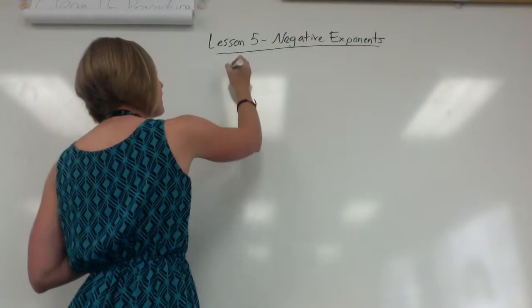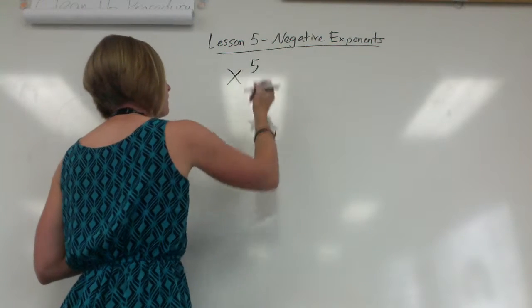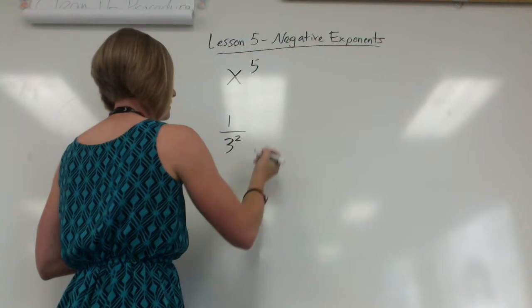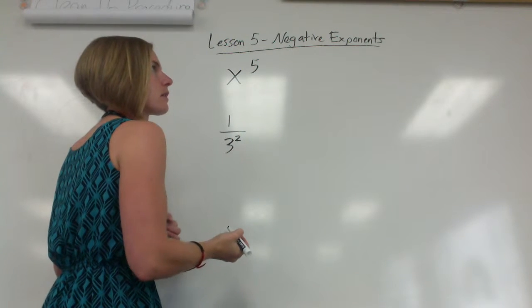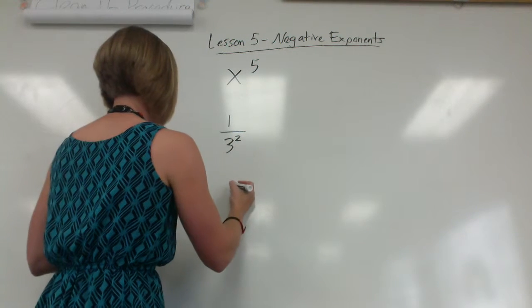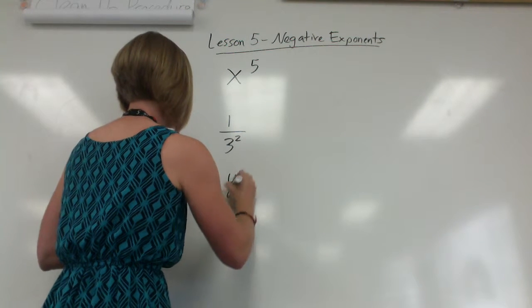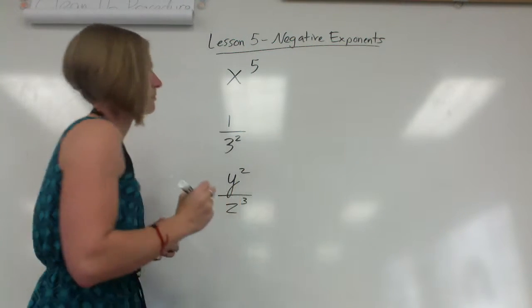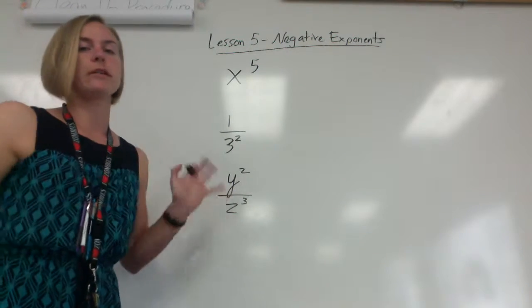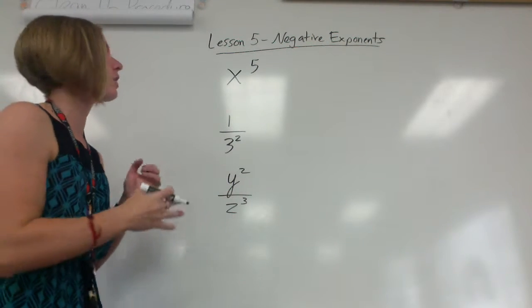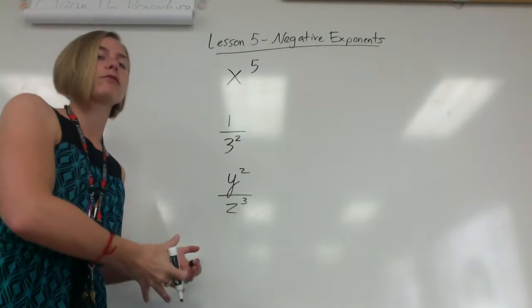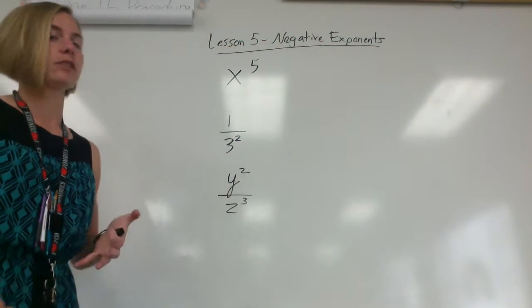So let's say I had x to the 5th, 1 over 3 to the 2nd, and let's think of something else. y squared over z cubed. Right? So maybe just for fun, I want to change all these to have negative exponents. It's the same principle. You just move them from where they are to the other way.